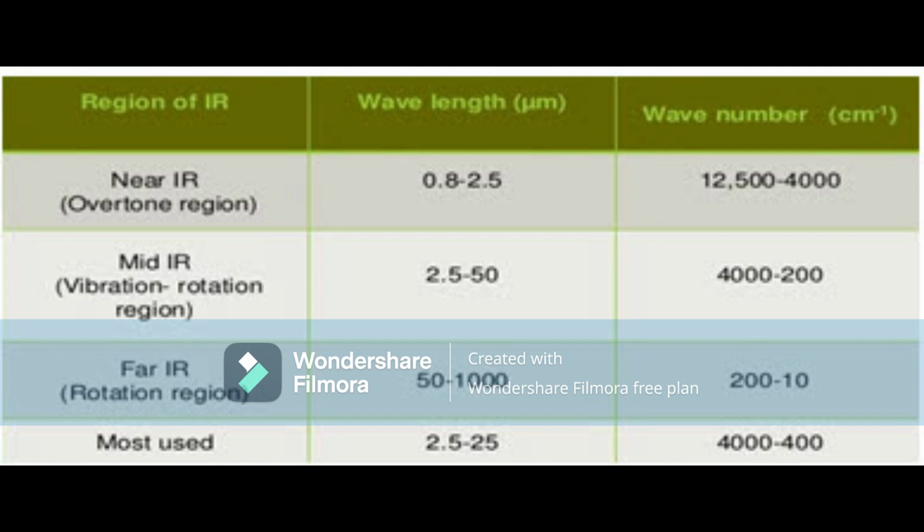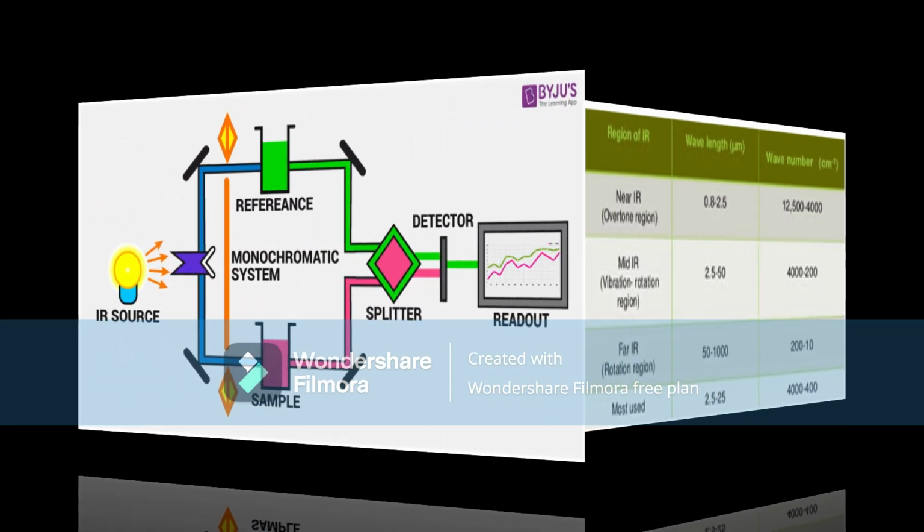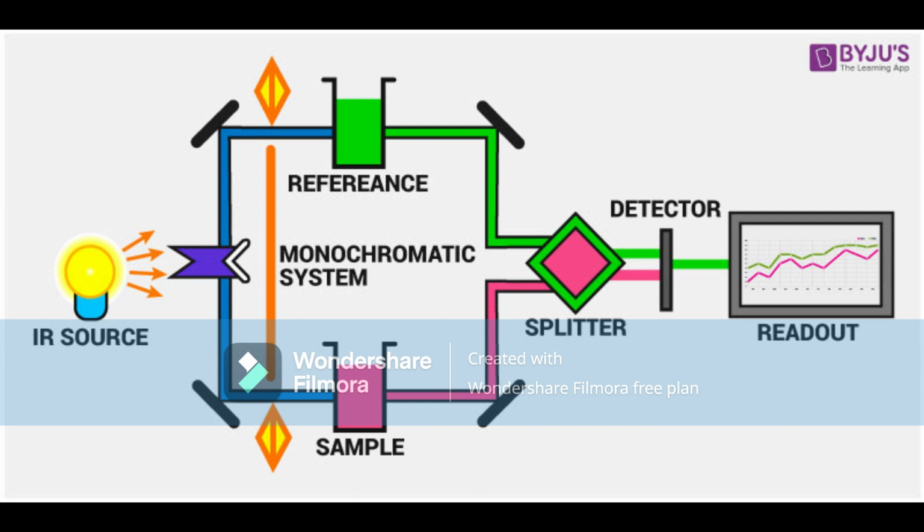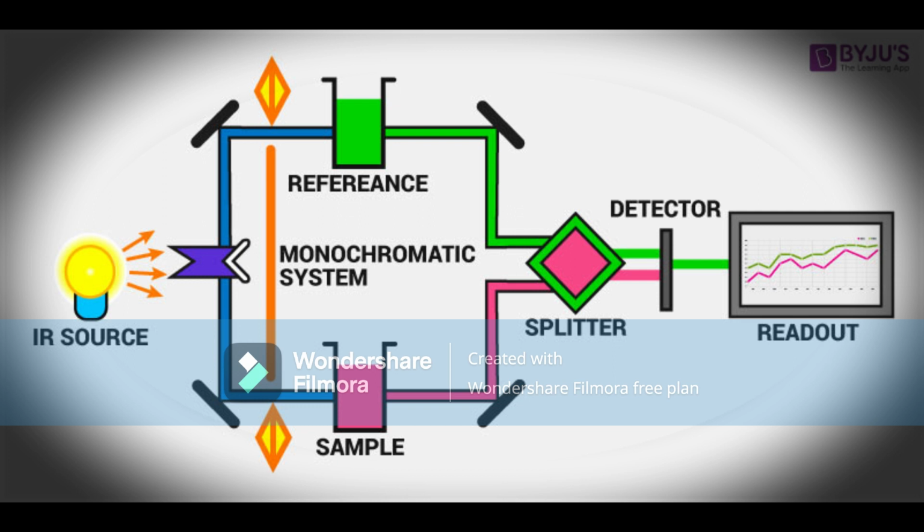According to the principle of IR, molecular vibration takes place as a result of the absorption of IR radiation when the applied infrared frequency equals the natural frequency of vibration.